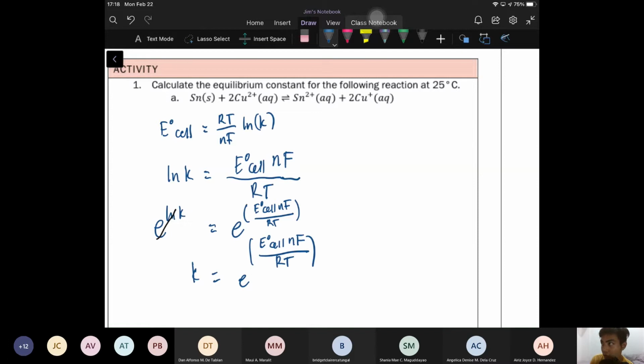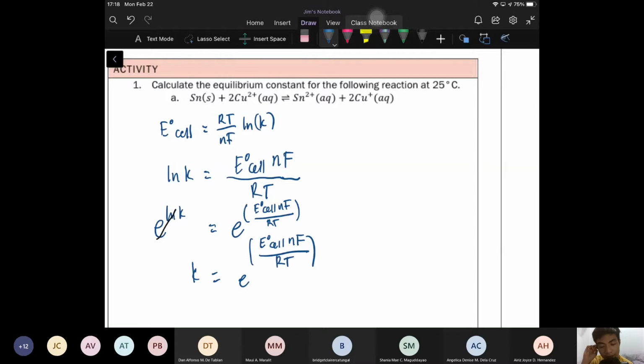Gagawin mo, you cross multiply these terms, lipat mo sa kabila. So, you have this equation na. Then, what's next? You take the exponential of both sides of the equation. So, when you take the exponential of both sides, E and ln will cancel out so that K can be extracted from the function. So, ito na yung ating working equation.